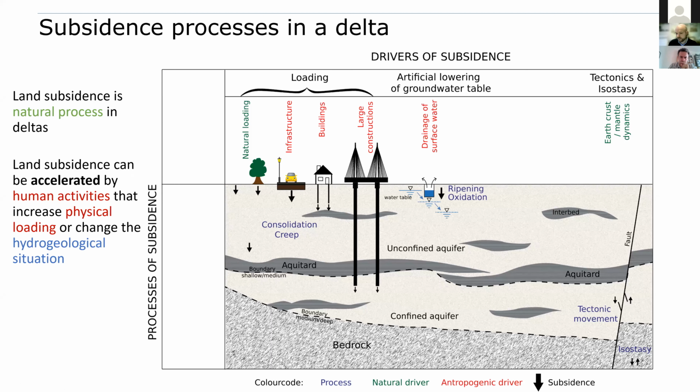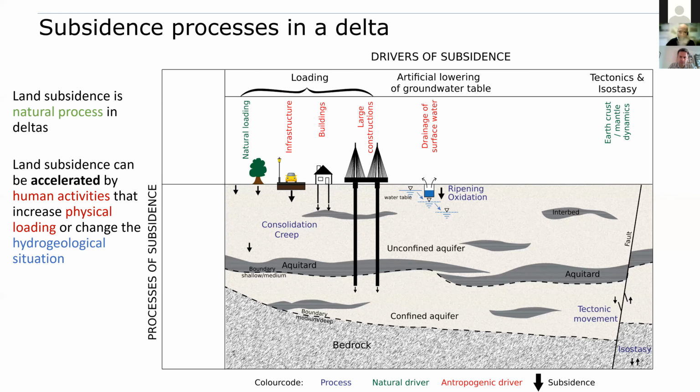And in addition, it can start other processes targeting the organic material in the subsurface, such as oxidation, when you have low surface water levels. And then when we go more to the in-depth part, there is the extraction of fluids: groundwater, gas, oil. As you can imagine, when fluid is extracted and not being replaced by something else, eventually you create a decrease in pressure, and a decrease in pressure can increase compaction.